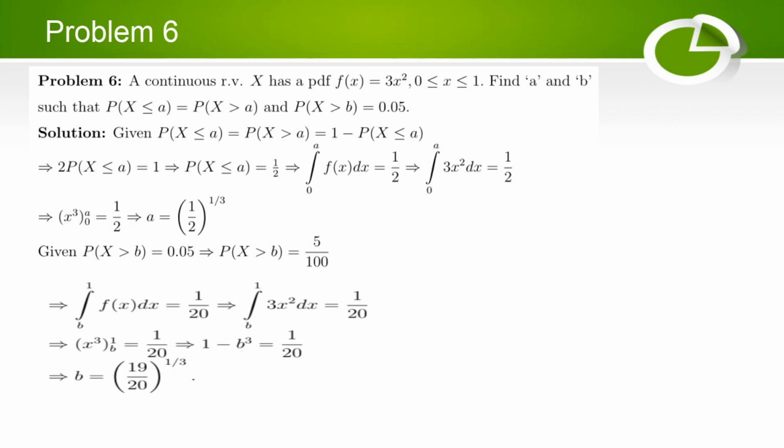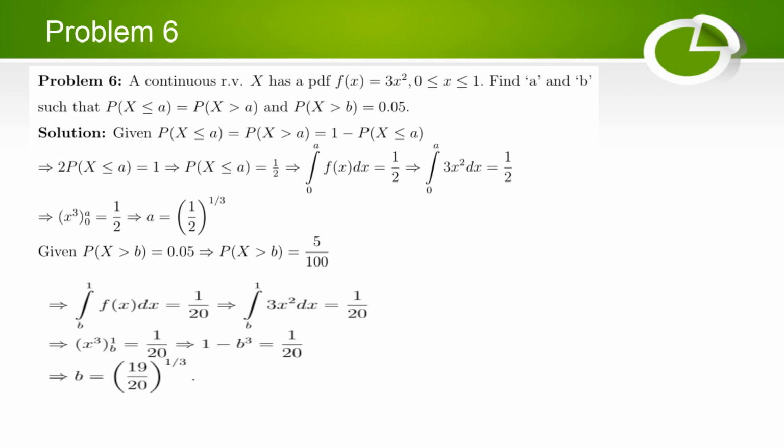Solution. Given P of x less than or equal to a equals P of x greater than a equals 1 minus P of x less than or equal to a, implies 2 into P of x less than or equal to a equals 1, implies that P of x less than or equal to a equals 1 by 2, implies integral 0 to a f of x dx equals 1 by 2, implies that integral 0 to a 3x squared dx equals 1 by 2, implies x cubed, limits 0 to a, equals 1 by 2, implies that a equals (1 by 2) power 1 by 3.